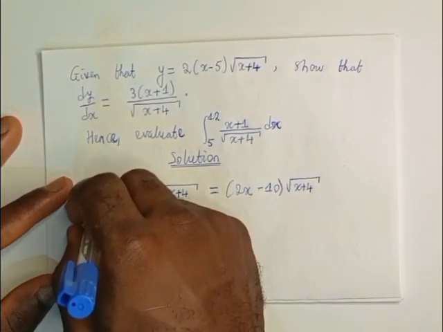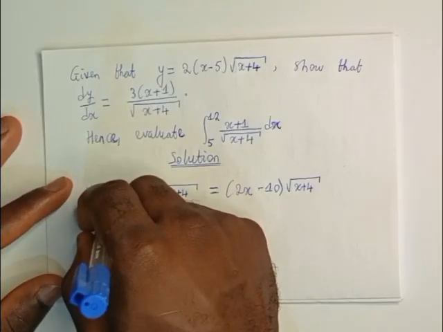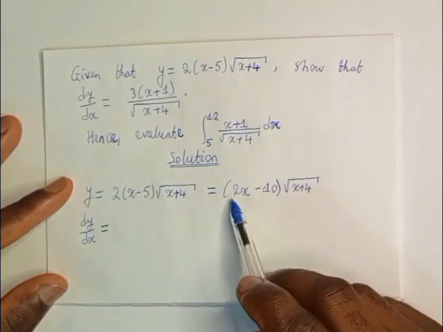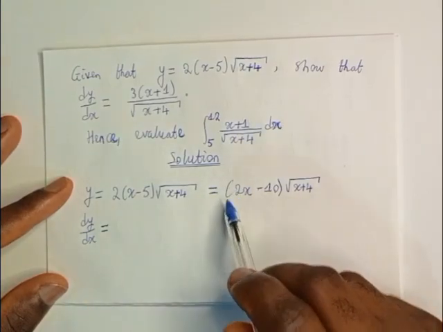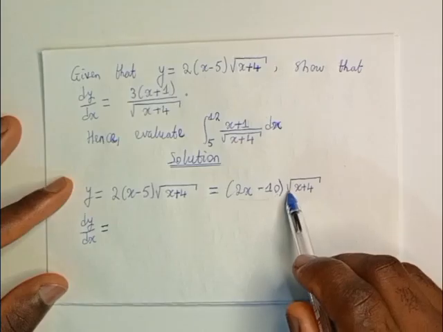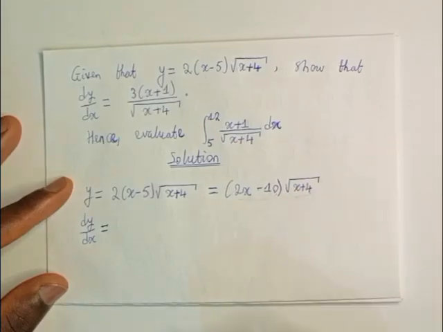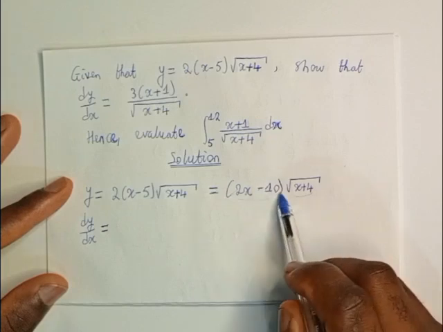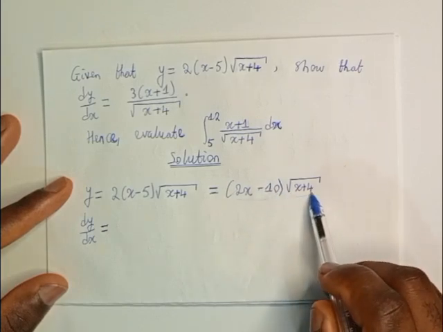Now we can find our dy on dx by making use of the product rule of differentiation. You will see that this is a product of two functions. This is the first function and this is the second function. By applying the product rule, we differentiate the first function and keep the second function constant.